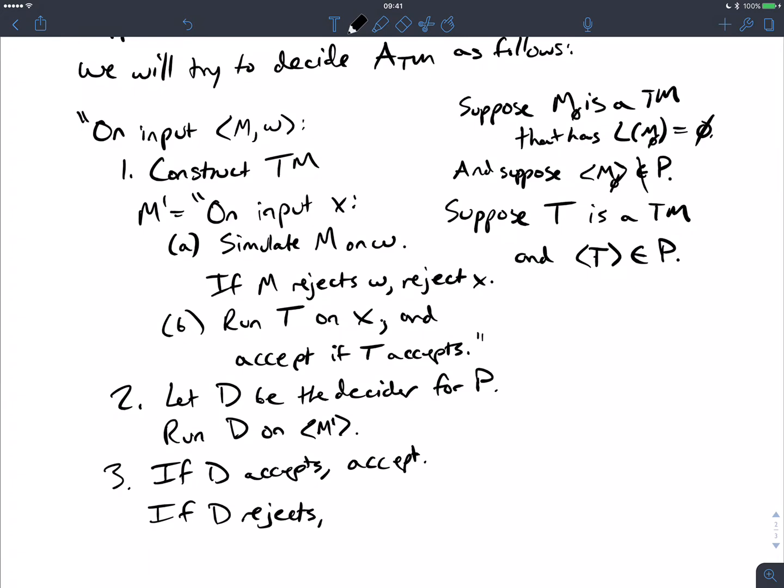Did M accept W or not? No, it couldn't have, because if it did, we would have behaved like T. But we behaved like the other machine. And so therefore, M did not accept W. So what should I say for my decider for ATM? Reject.